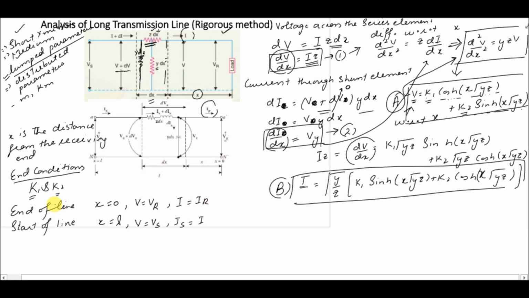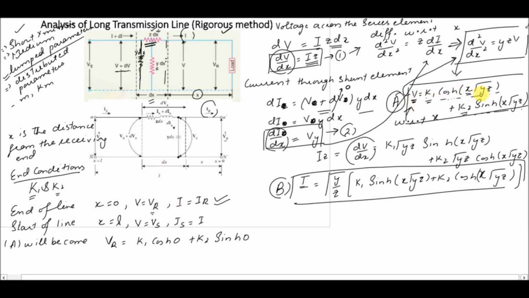Now putting these conditions in equations A and B, equation A will become VR is equal to K1 cosh 0 plus K2 sinh 0. There was the V term, and at the end of the line we have V is equal to VR.